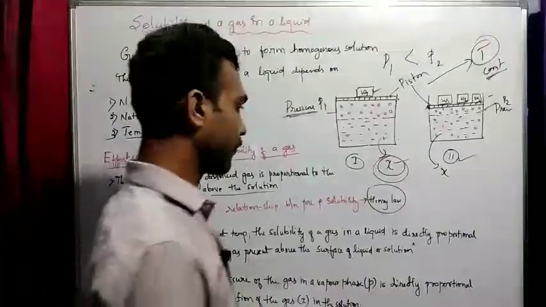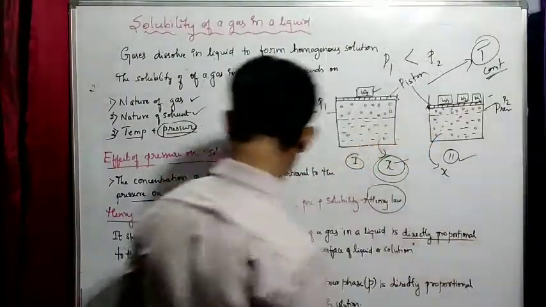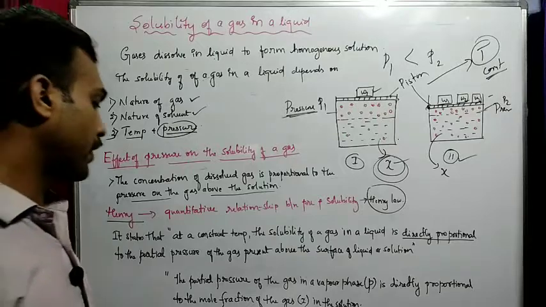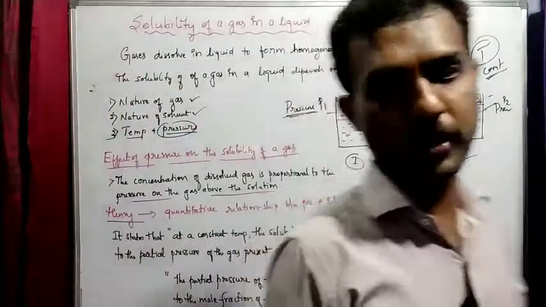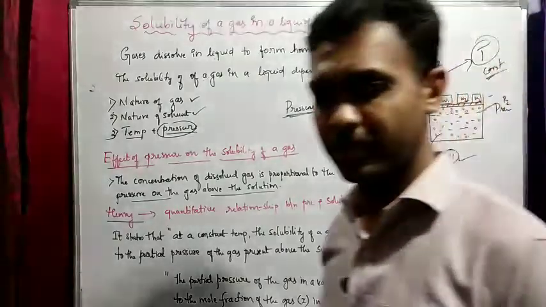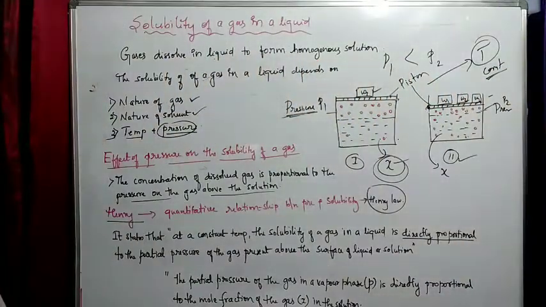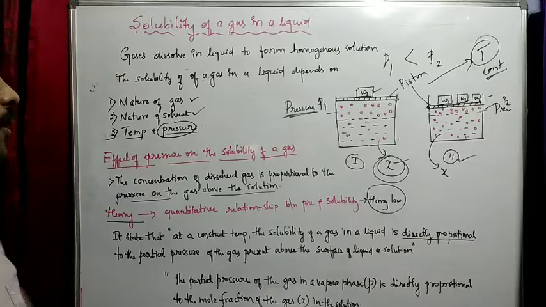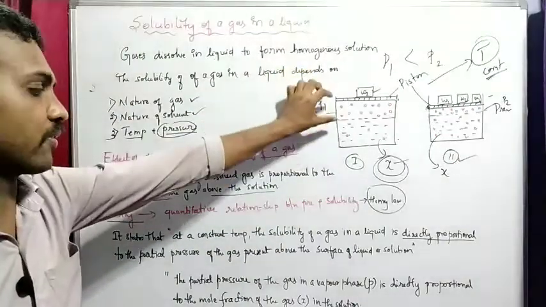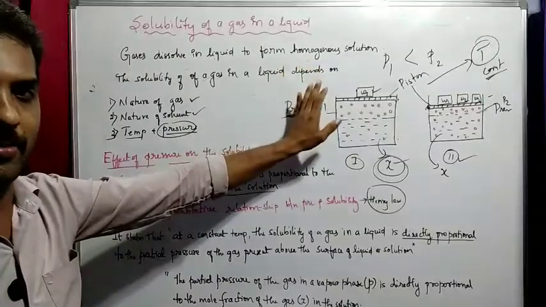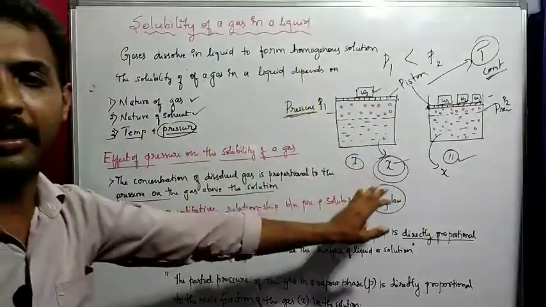At a constant temperature, the solubility of a gas in a liquid is directly proportional to the partial pressure of the gas present above the surface of the liquid or solution. That is exactly Henry's law, right?